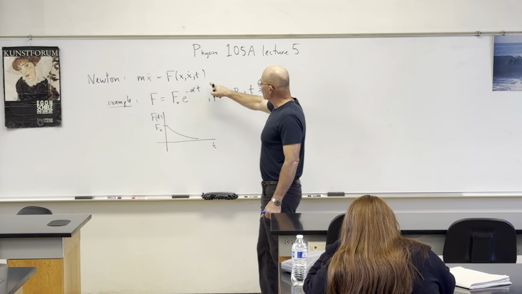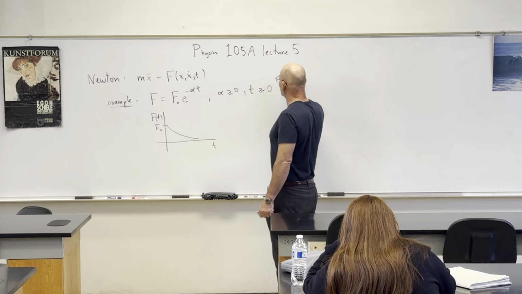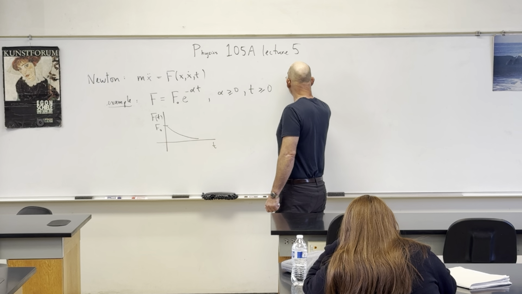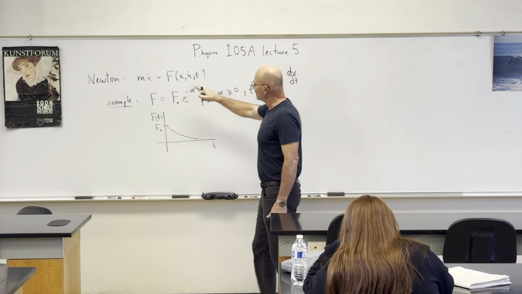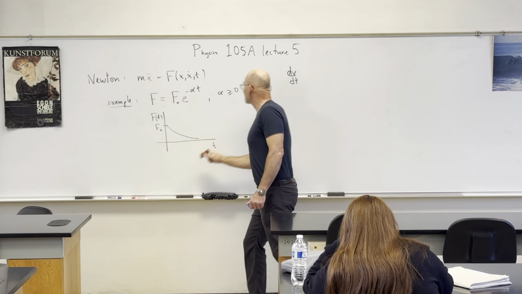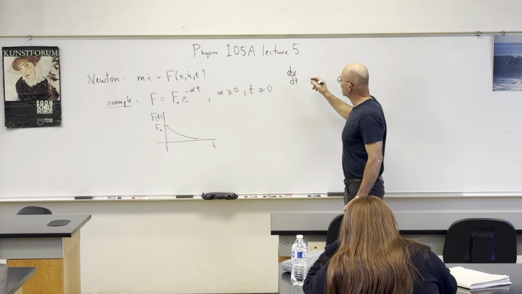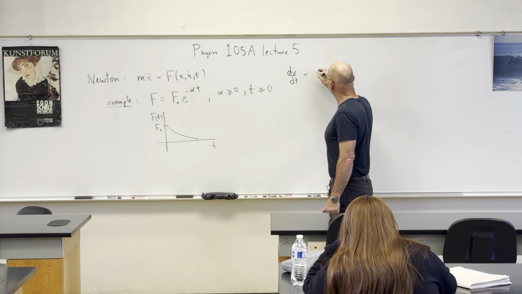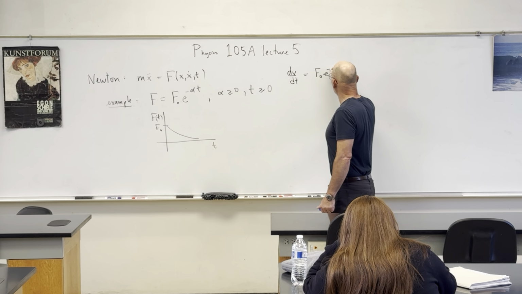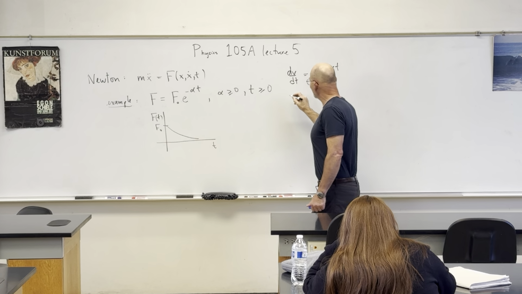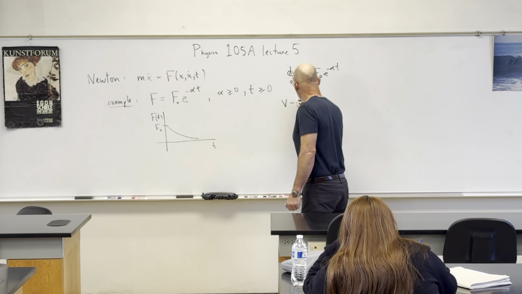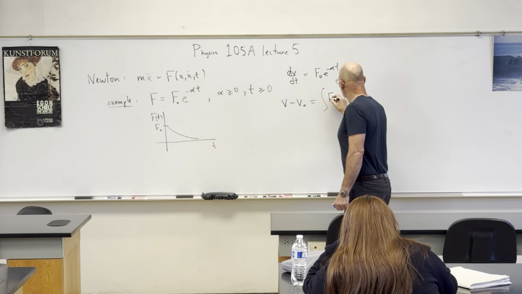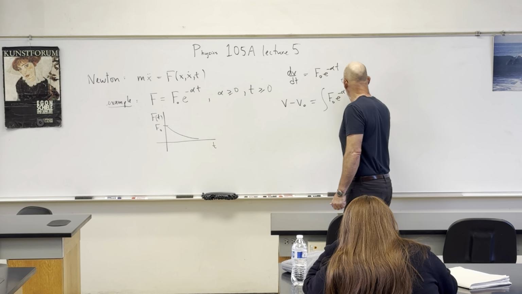So the integration of this was now dv/dt, because that's the first, yeah, okay. I'm going to use these interchangeably. It was equal to F naught e to the minus alpha t, and then we integrated it, we got v minus v0 equals the integral of F naught e to the minus alpha t prime.